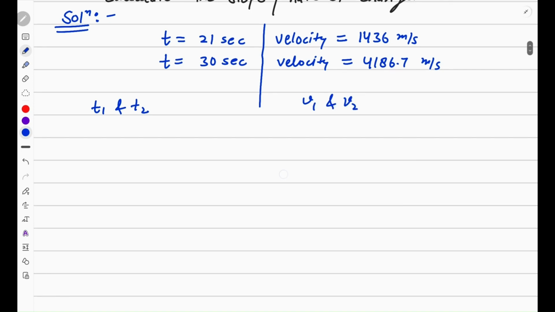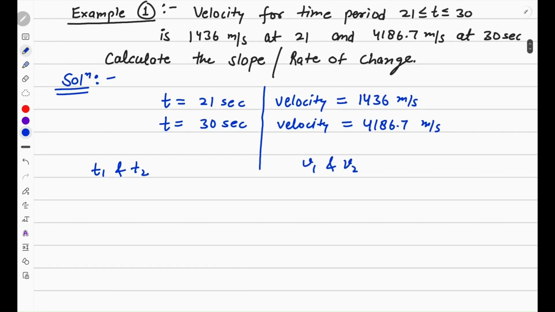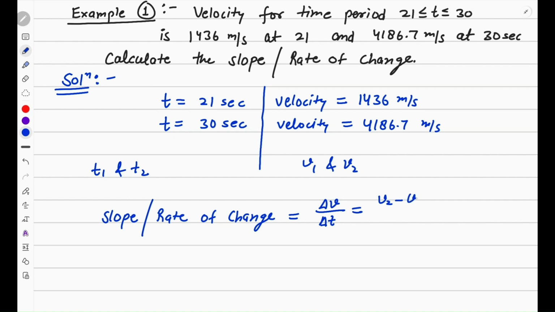If we calculate the rate of change, or the slope, it is equal to the change in velocity over the change in time, v2 minus v1 over t2 minus t1. So v2 minus v1 defines the change in the velocity. We were at v1 velocity, then it increased to v2 after the time increased from t1 to t2.